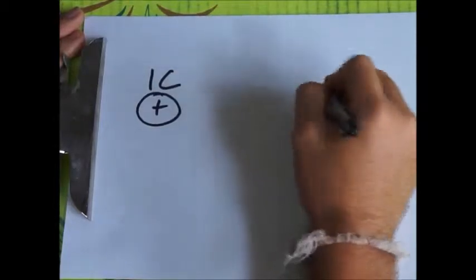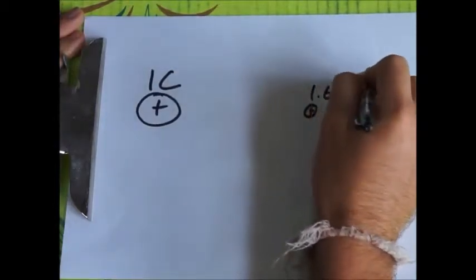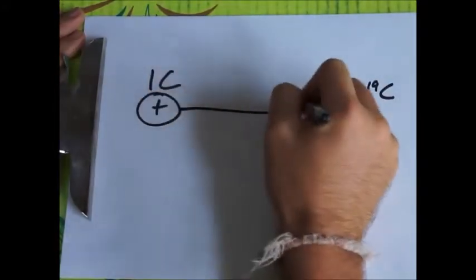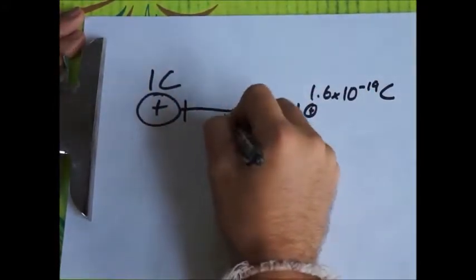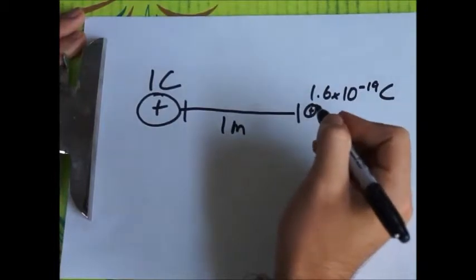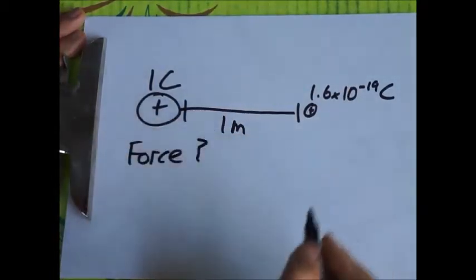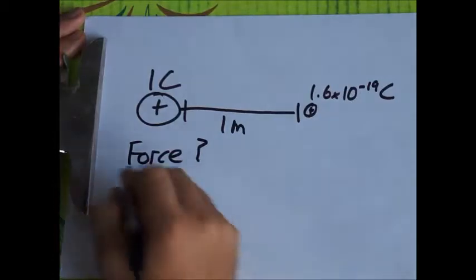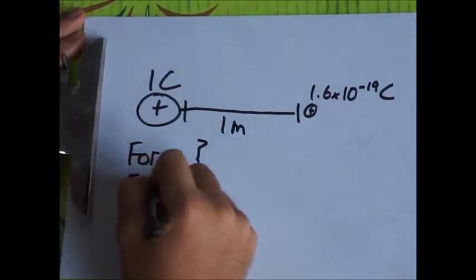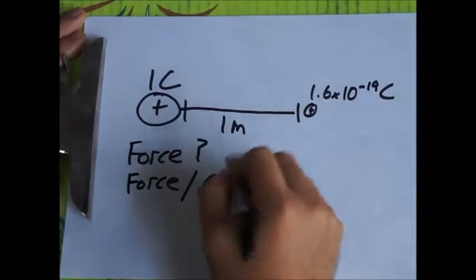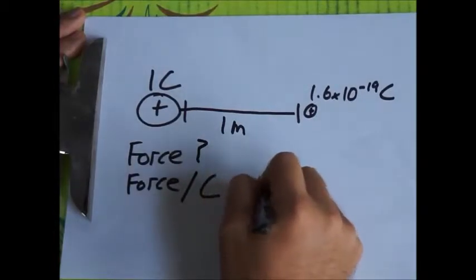And imagine that I have a proton with a positive charge of 1.6 times 10 to the negative 19th coulombs that is 1 meter away from that point charge. What if instead of being curious about the force between the two charges, I'm curious as to the force to Coulomb ratio that exists 1 meter away from the point charge?